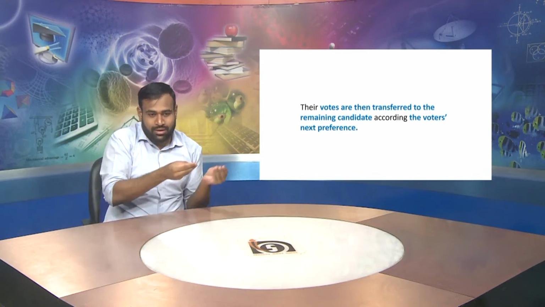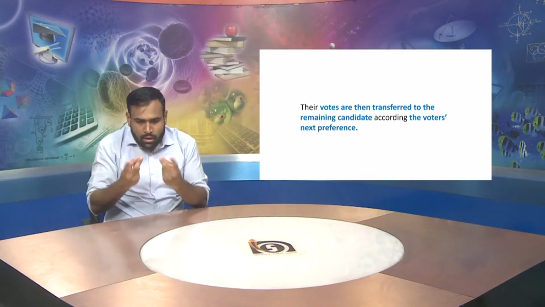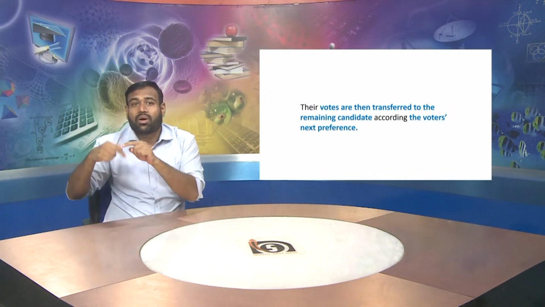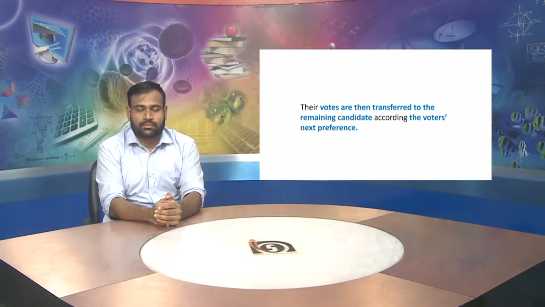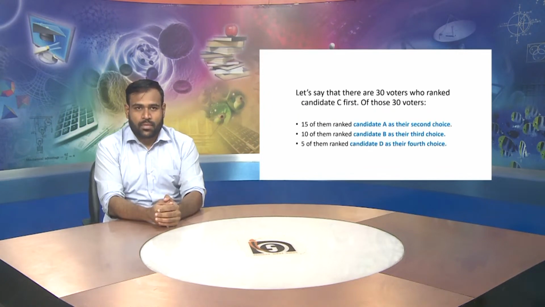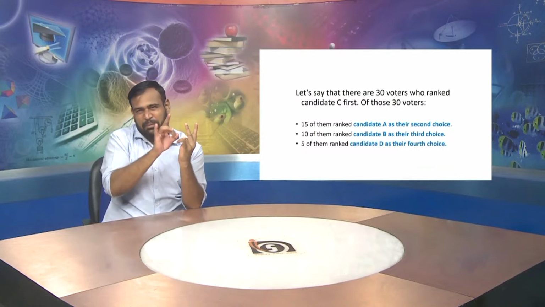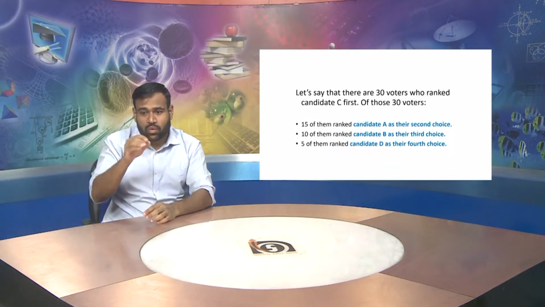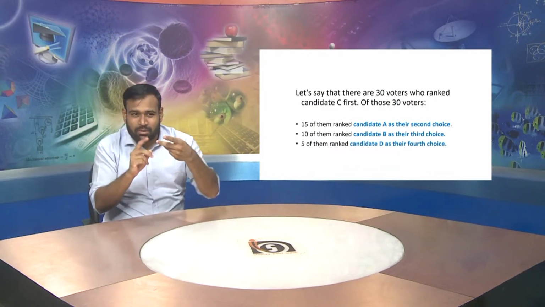Their votes are transferred to the remaining candidates according to the voters' next preference. So now the same process will begin again, and after one elimination, we now have 3 candidates.